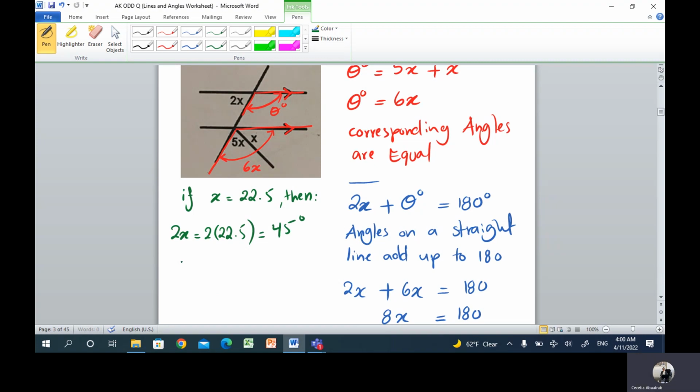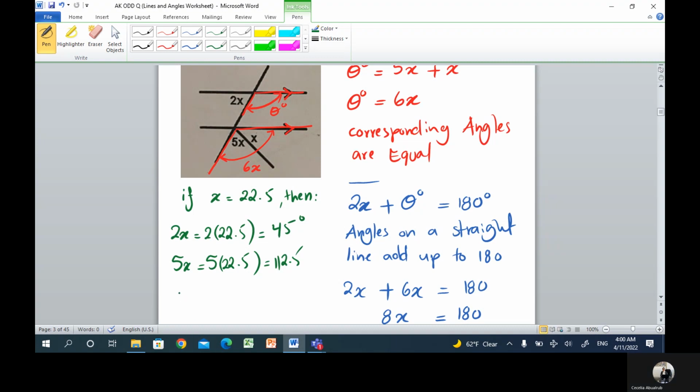And 5x is equal to 5 times 22.5, which is equal to 112.5.